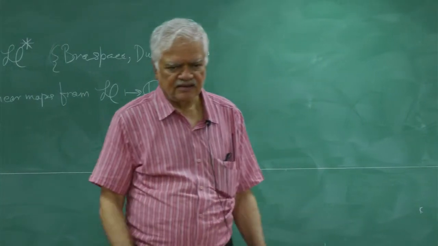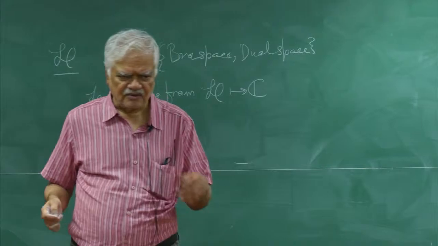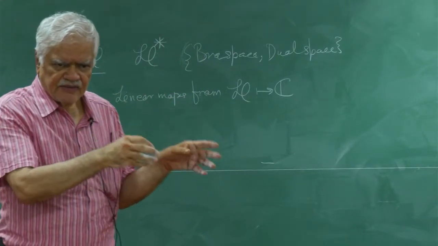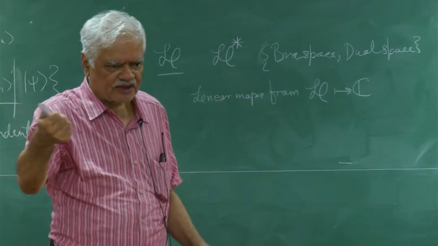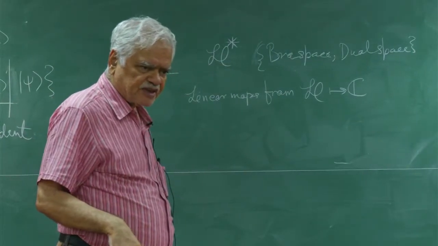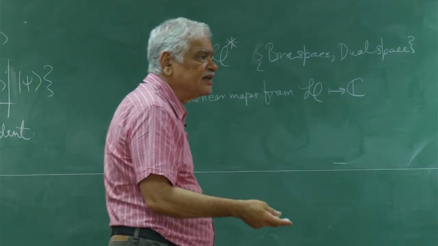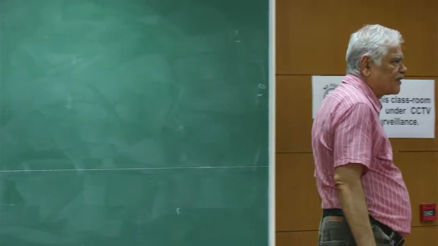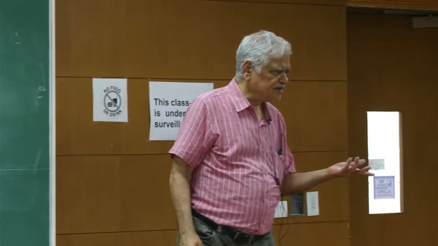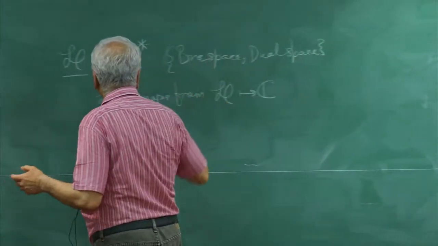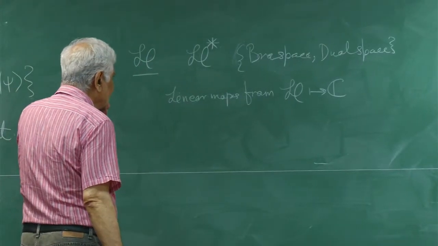So that is the collection of all linear maps where a vector or element of H is mapped to some complex number in C. Collect all such maps. They form a linear space themselves, and that is called the bra space or dual space.